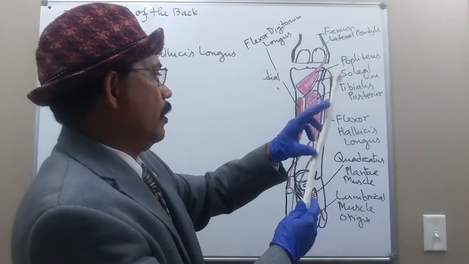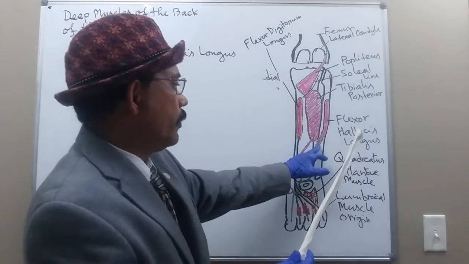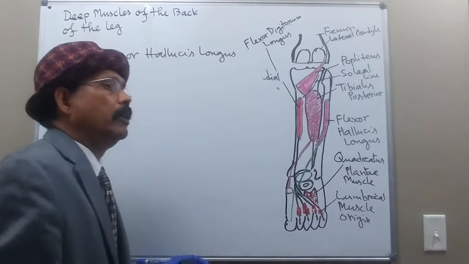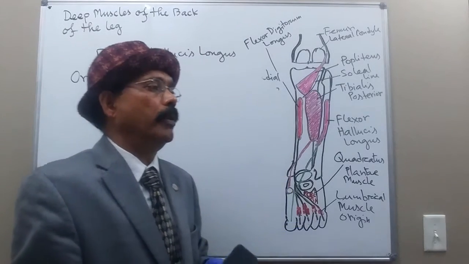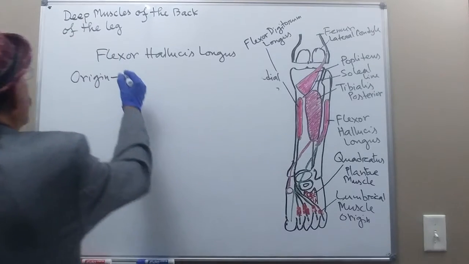middle half of the fibula, including a part from the interosseous membrane. Okay, so it originates from the lower 3/4 of the posterior surface of the fibula.